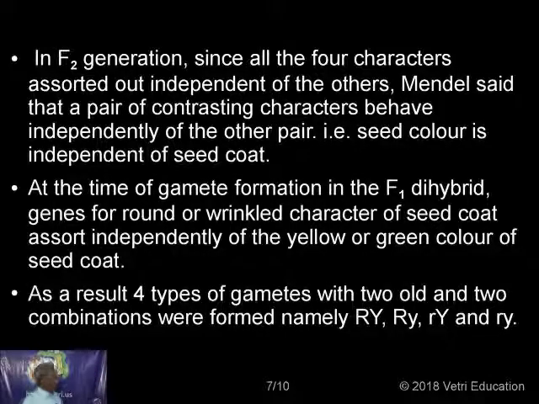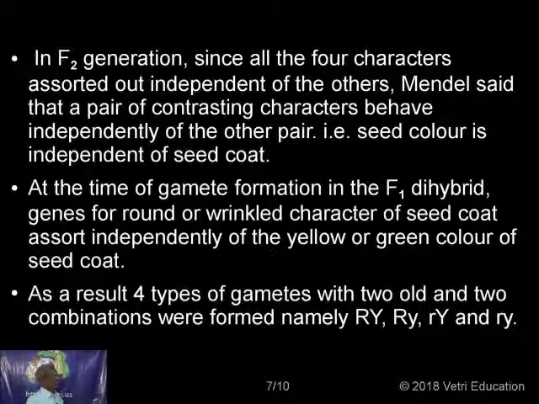Now, to sum up what happens in the F2 generation, since all the 4 characters are sorted out independent of the other, Mendel said that a pair of contrasting characters behaves independently of the other pair. Seed color is independent of the seed coat.